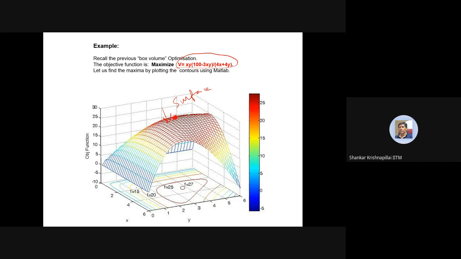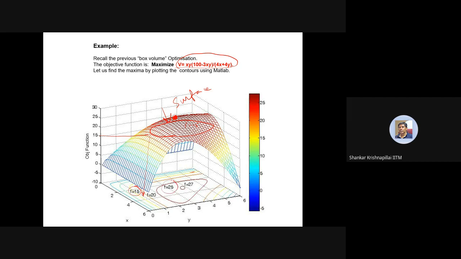If this yellow line is the contour for f equal to 15, at f equal to 15 the surface is sliced like this, and the projection comes down. So this is the f equal to 15 contour.